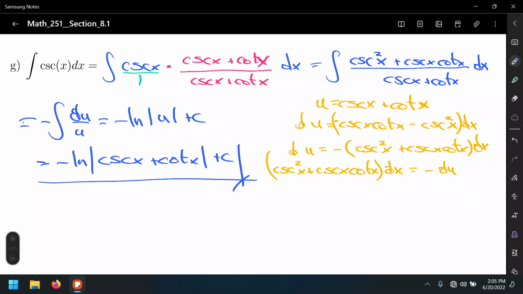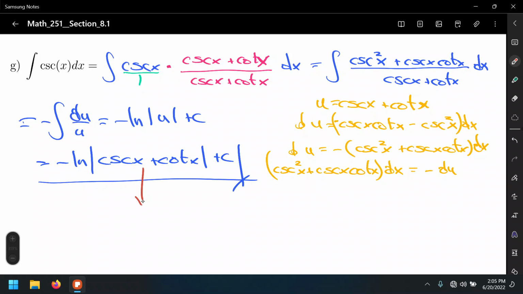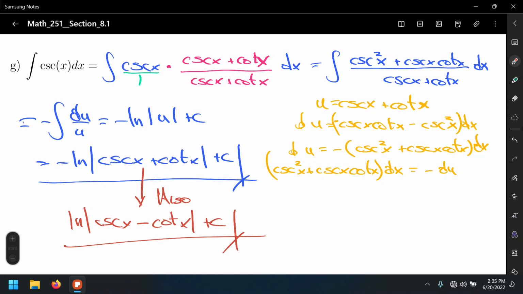Another one that you may have learned is this one. Positive, but with a negative inside. That's the other version, so two versions.